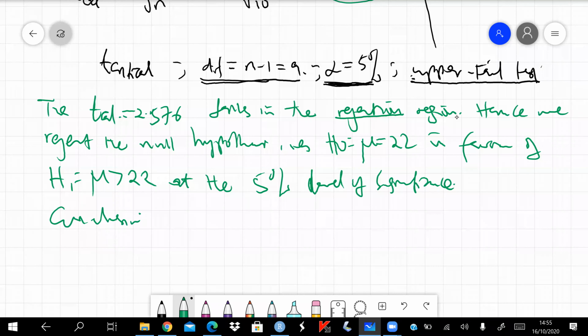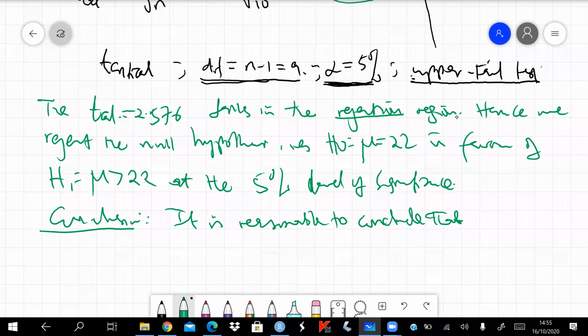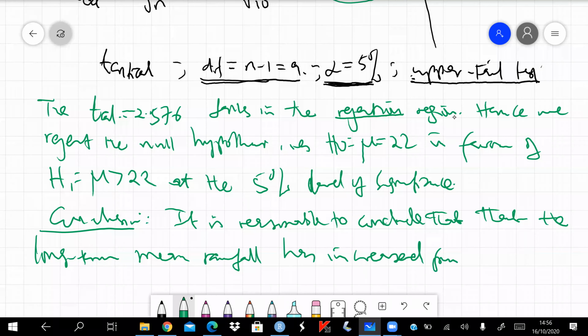So we can now say the conclusion is that there is reasonable evidence, or we can say that it is reasonable to conclude, that the long-term mean rainfall has increased from its former value.